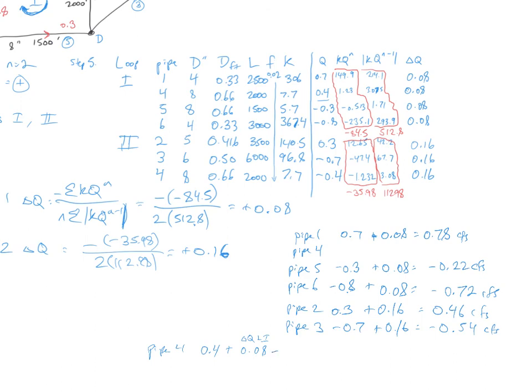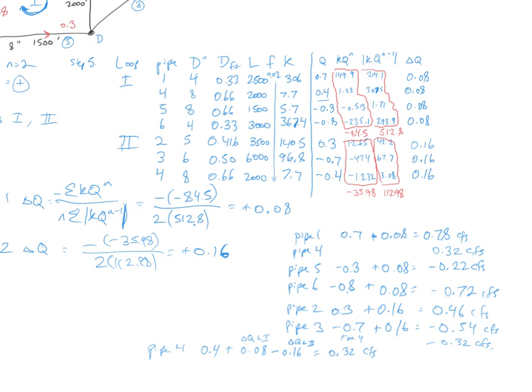Okay, so I'm going to subtract off 0.16, which is the delta Q in loop 2. And when I do all that, I get a value of 0.32 CFS. So for pipe 4 in loop 1, its new flow would be 0.32 CFS. In pipe 4 in loop 2, its new value would be negative 0.32 CFS.